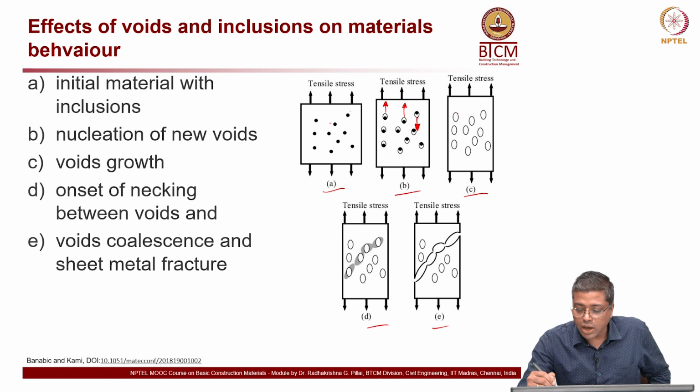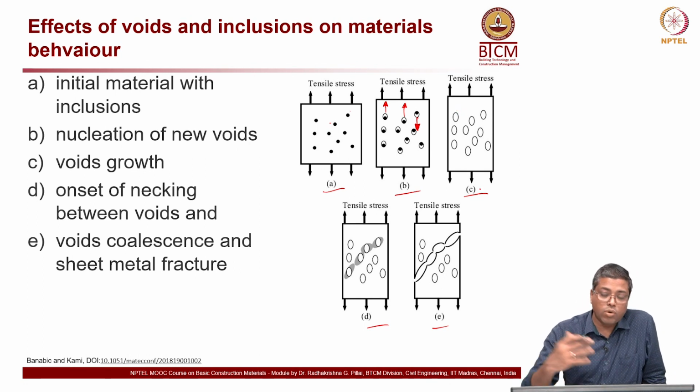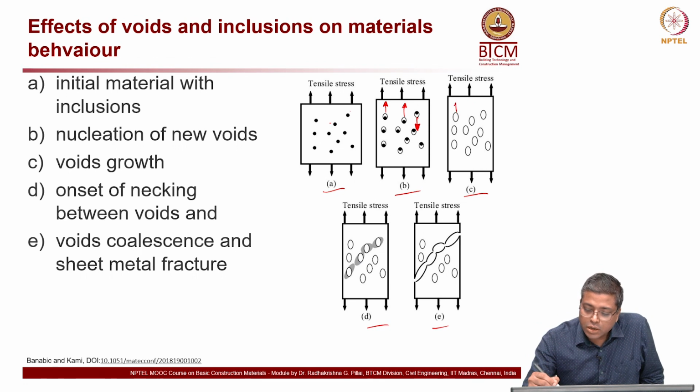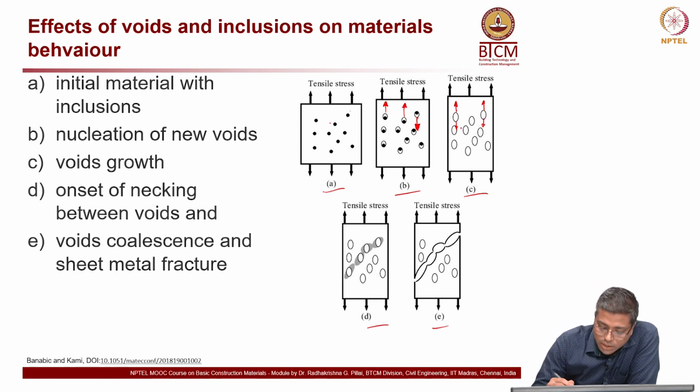So, eventually you have this stage as in C, where these voids start growing. You have this and you have this, it is growing here. Now, eventually after some time, they will grow in such a way and try to join. So, onset of necking, this is where the necking happens.